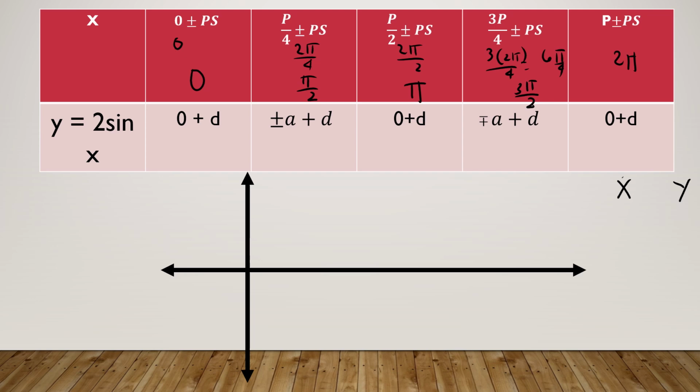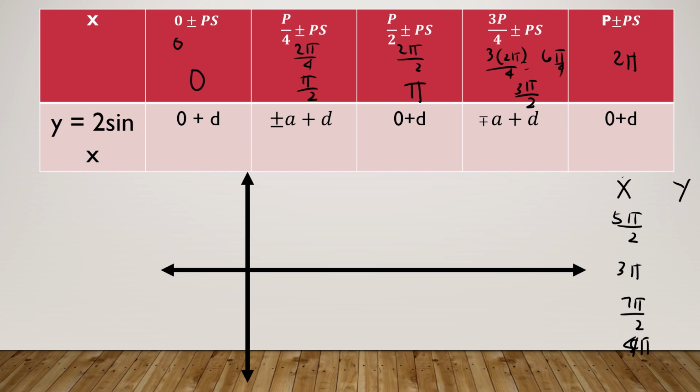That's the reason why 2 pi plus pi over 2 is equal to 5 pi over 2. Then 5 pi over 2 plus pi over 2 is 3 pi. 3 pi plus pi over 2 is 7 pi over 2. And 7 pi over 2 plus pi over 2 is equal to 4 pi. So we reach the 4 pi. Therefore, we're going to end with this value of x.